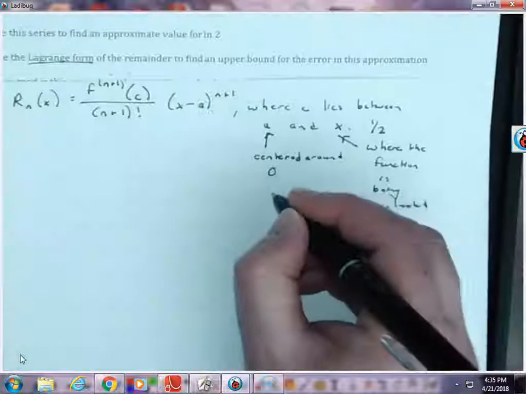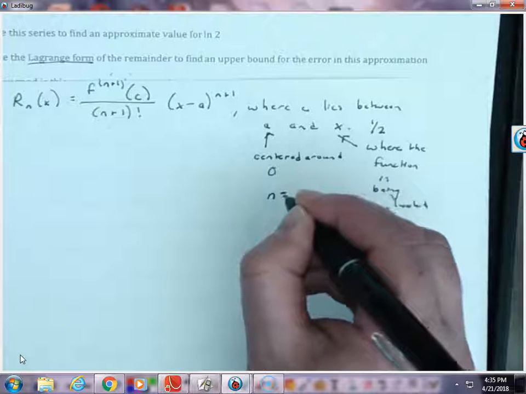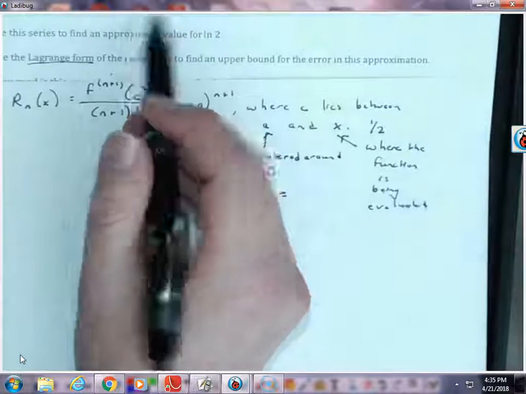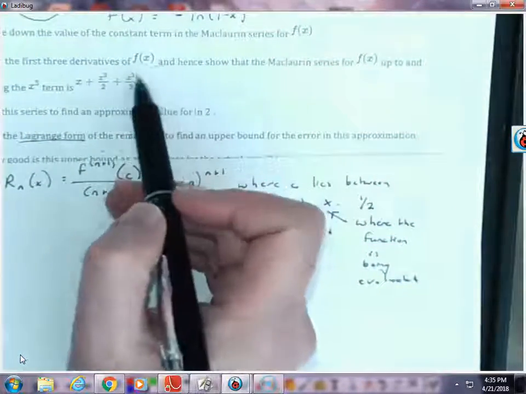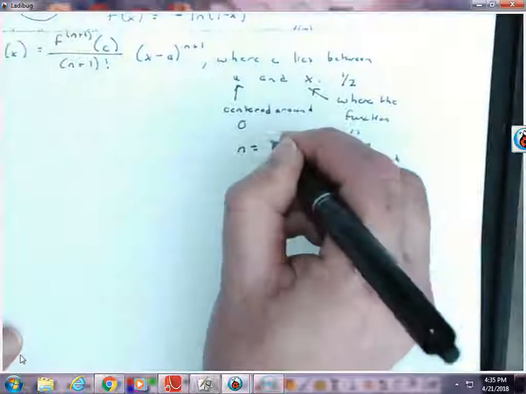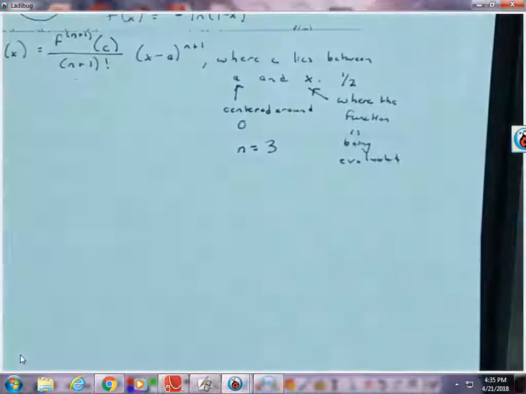Now, n is the degree of the power series that you use to evaluate. So since we found 3 derivatives, and if you look, you can see this was to the power of 3, then our n is 3. Okay, it's just the highest power of your approximation that you did for your power series.